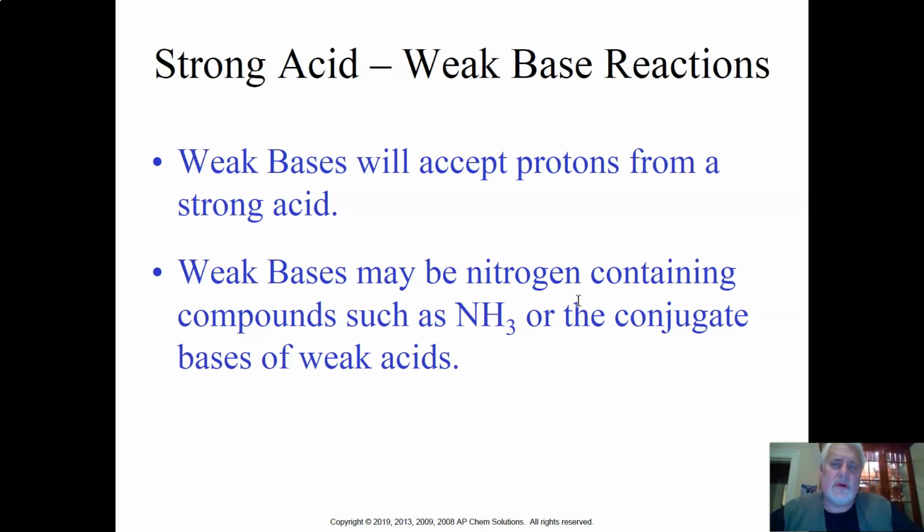Now, what about a strong acid with a weak base? Weak bases will accept protons. They don't necessarily want them. So what they are is they're like, okay, yeah, I could take a proton, but I don't really want them.